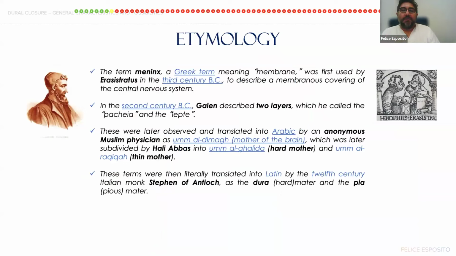Keeping on the general things, I was curious why it is called dura mater, which in English is hard mother. It is because it was a wrong translation from Arabic to Latin.